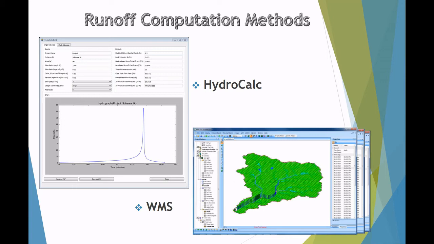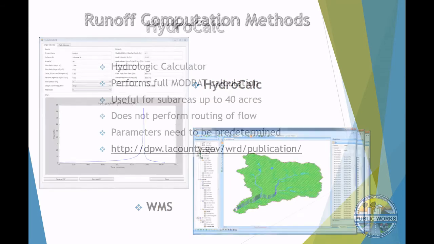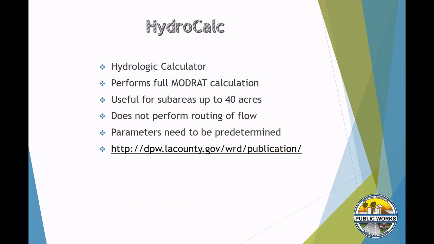And it was created back in the early 1990s at the Engineering Computer Graphics Lab of Brigham Young University before spinning off into a private company in 2007. Now let me talk about HydroCalc first.